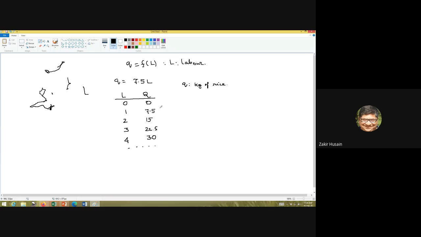It means 7 kilos and 500 grams. Is this possible? Yes, sir. 15 is highly possible. 22.5 means 22 kilos, and you just add 500 grams, right?